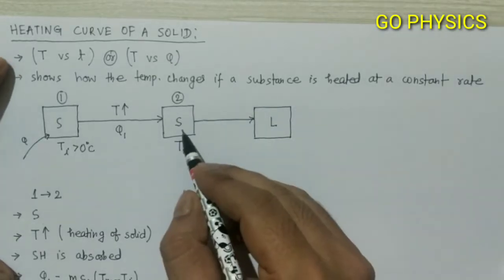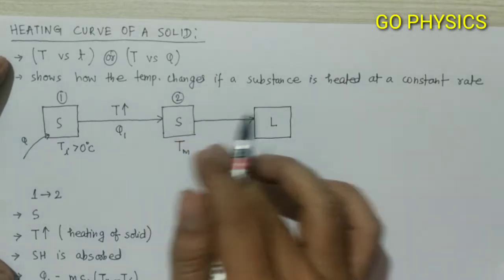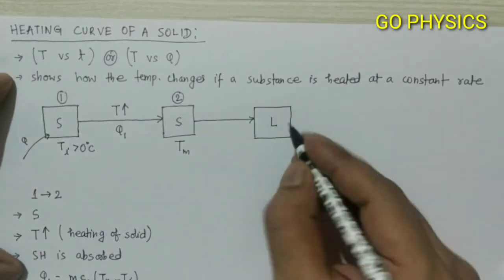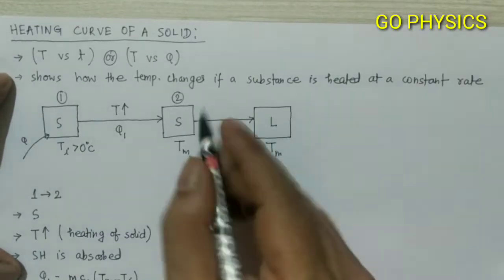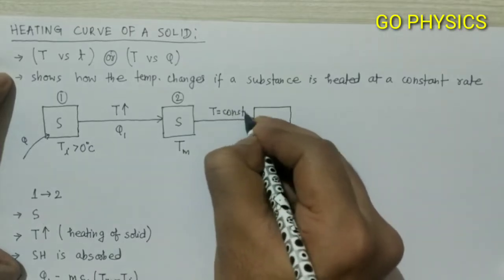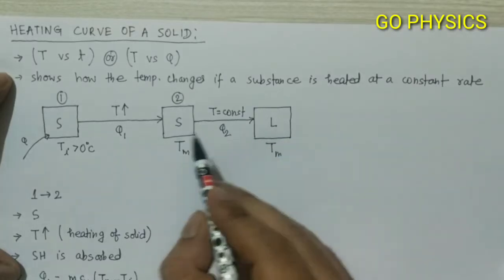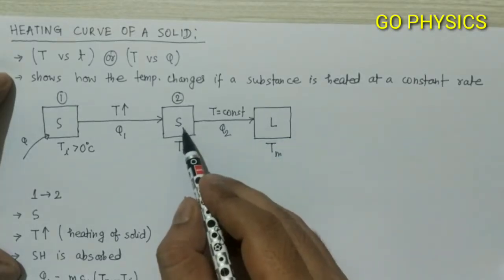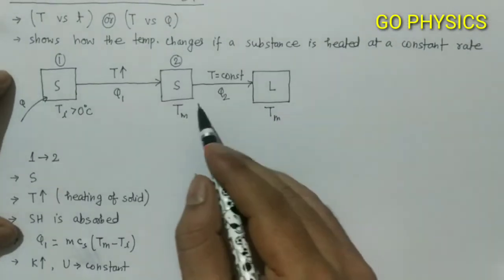And since it is a phase transfer process, the temperature of the system will not change. So temperature of the liquid will still remain Tm and temperature of the system will remain constant. Let us suppose Q2 amount of heat is absorbed by the solid body to get converted into equivalent amount of liquid.